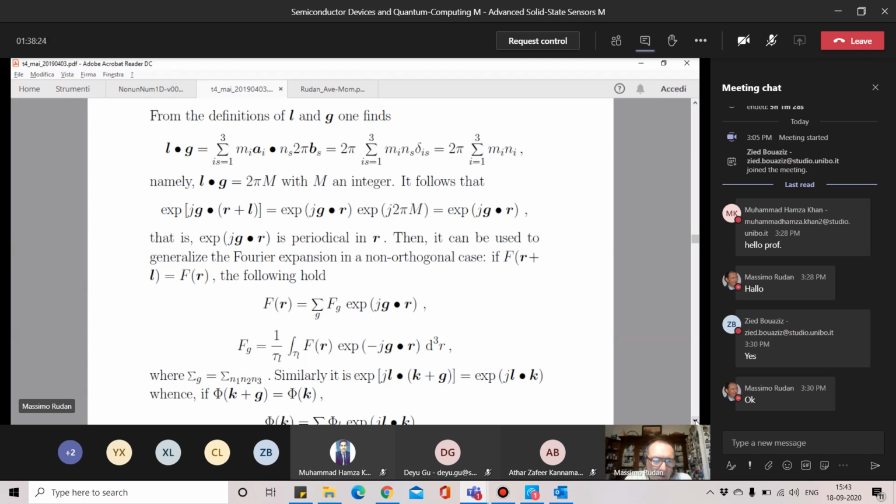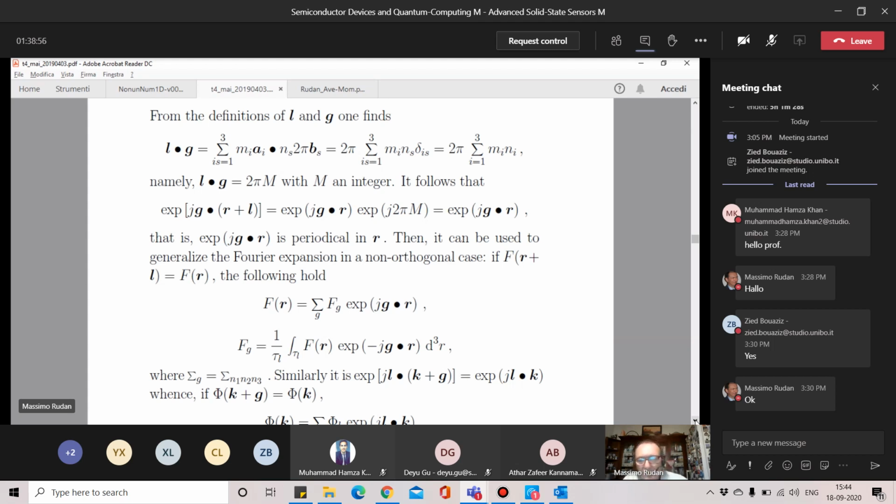And then we take any G. You remember that G is any translational vector of the reciprocal scaled lattice. And then we take the scalar product of the two. Of course, we expect that this scalar product be a number because L has the units of length and G has the units of the inverse of a length. But we just use the definition.